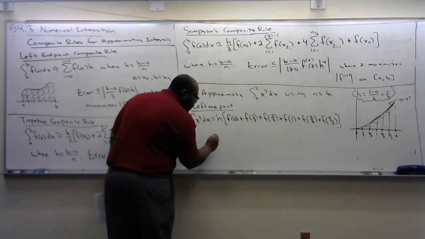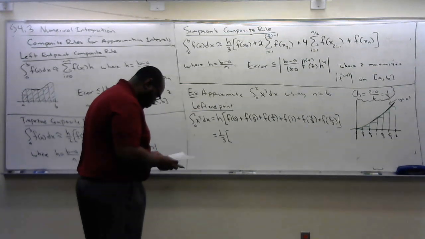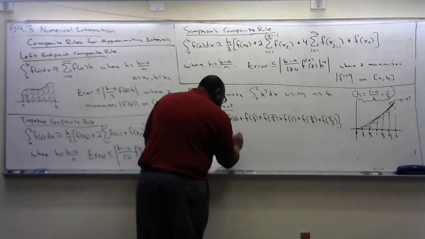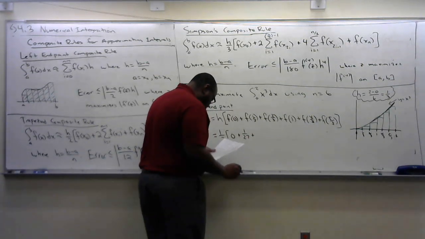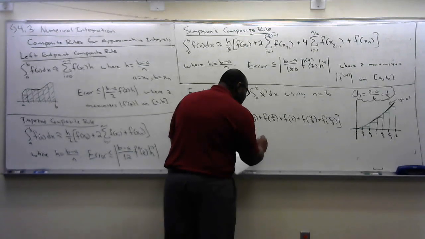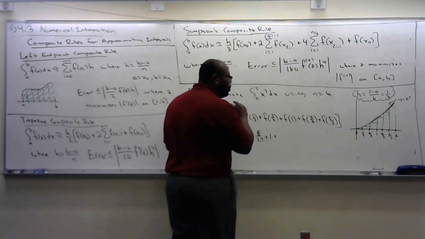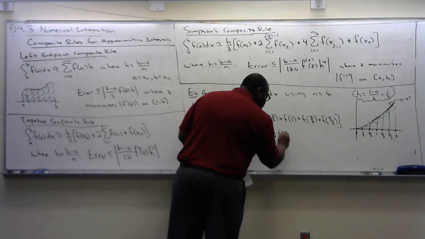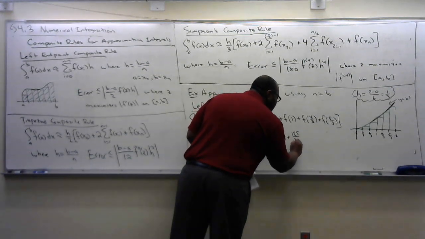And let's plug in. So I get 1/3 times 0 plus 1/27 plus 8/27 plus 1 plus 64/27. And the last one is 125/27.